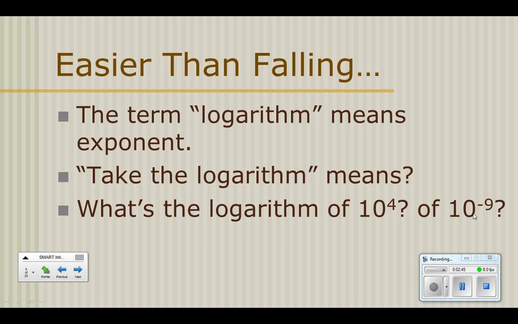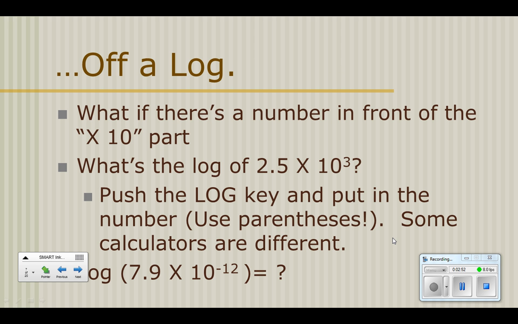And what's the logarithm of 10 to the negative 9th? We could rewrite that as what's the exponent of 10 to the negative 9th? Well, it's just negative 9. Now, what if there's a number in front of the times 10 part? For example, what's the log of 2.5 by 10 to the 3rd? I can't do that in my head.